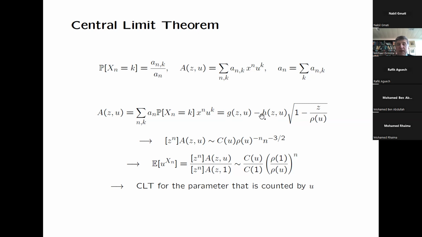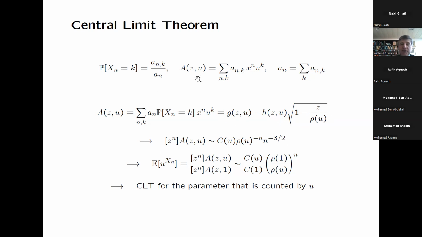And now you can apply, if you have the square root singularity and you take out the coefficients, that the nth coefficient of A(z,u) behaves like that. So you have a constant depending on u times rho of u to the minus n, where rho of u is the location of the singularity, times n to the minus 3/2. And you get this n to the minus 3/2 universally because it's a square root singularity.